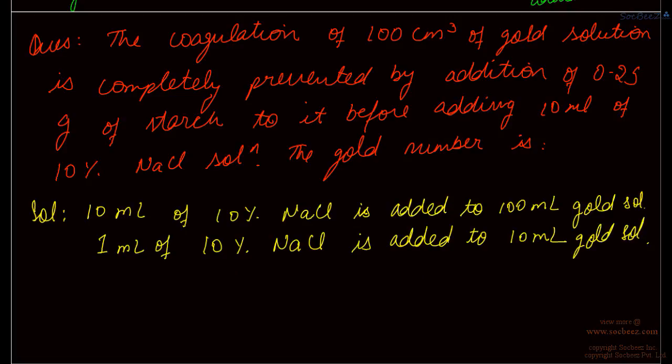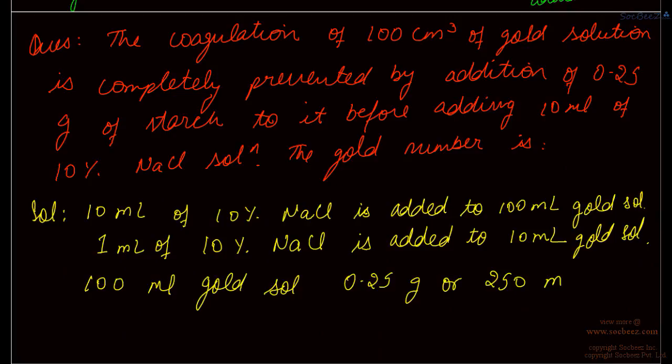Now the quantity of starch added to 10 ml of gold salt: in 100 ml of gold salt, 0.25 gram of starch was added, which is equal to 250 milligram.